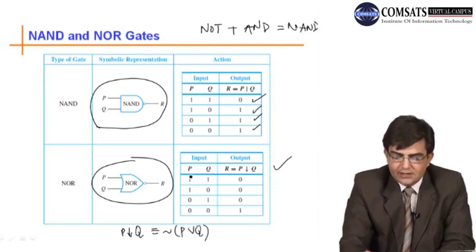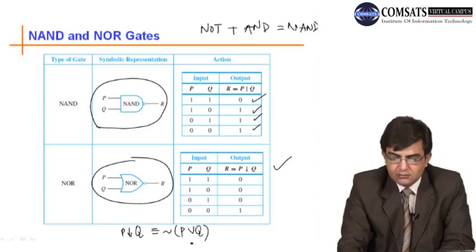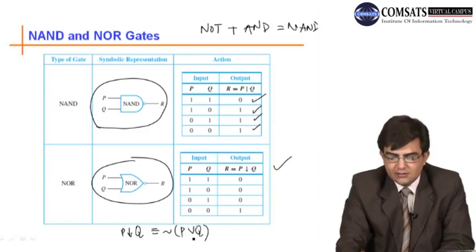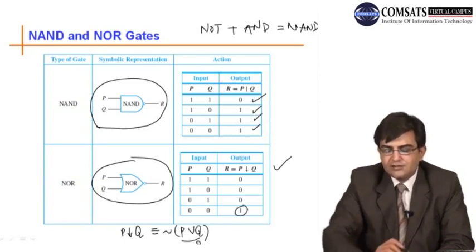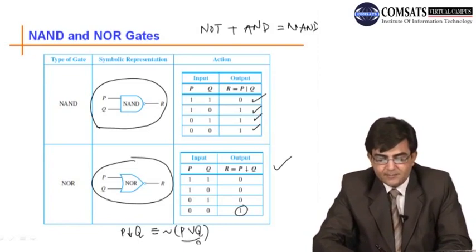When P is 1, Q is 1, P or Q is 1, when we apply not, we get 0. When P is 1, Q is 0, P or Q is 1, when we apply not, we get 0. Similarly, 0 1 gives 0. When P is 0, Q is 0, P or Q is 0, and when we apply not, we get 1. These are the truth values of this logic gate, so these are the truth tables for these logic gates.